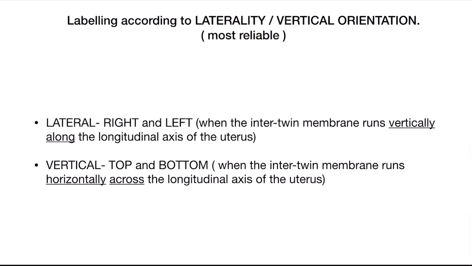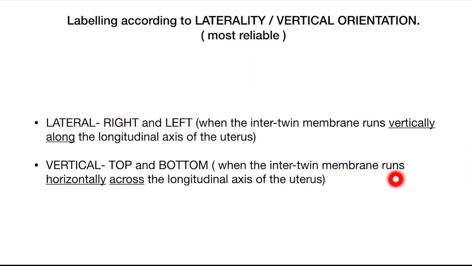Laterality is when there is the intertwin membrane running vertically along the longitudinal axis of the uterus, dividing the uterus into right and left half, and thus you can tell the right fetus as twin 1 and the left fetus as twin 2, or vice versa. That is, you can tell right or left, and it will be static or constant in consecutive scans.